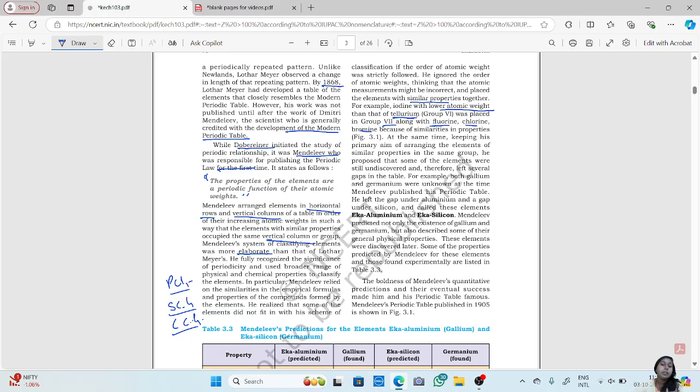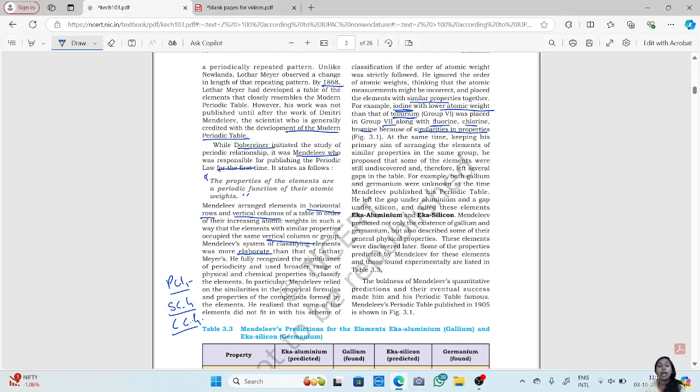Group 7 elements like fluorine, chlorine and bromine showed similar properties with iodine. Hence, iodine was placed in group 7 along with fluorine, chlorine and bromine because they showed a similarity in properties.